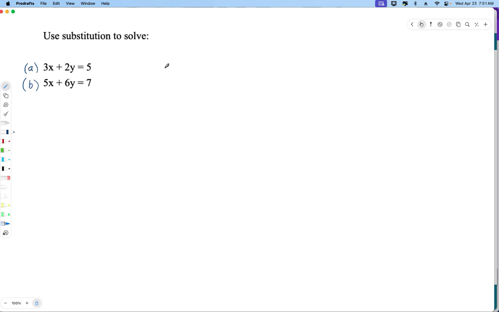So that's going to be A. So here's A, 3x plus 2y is equal to 5. I think what I'm going to do is solve for x. So I'm going to subtract 2y from both sides. That gives me 3x is equal to 5 minus 2y.